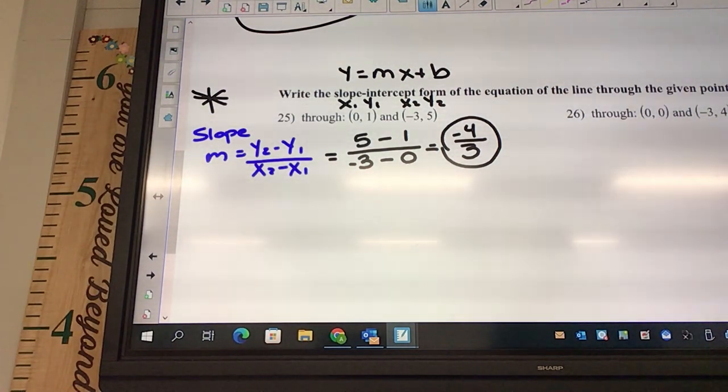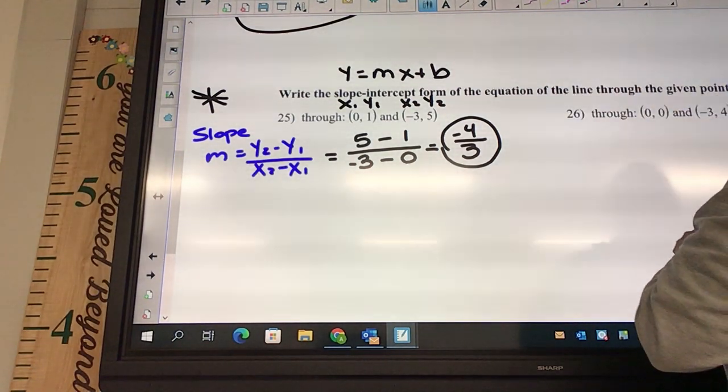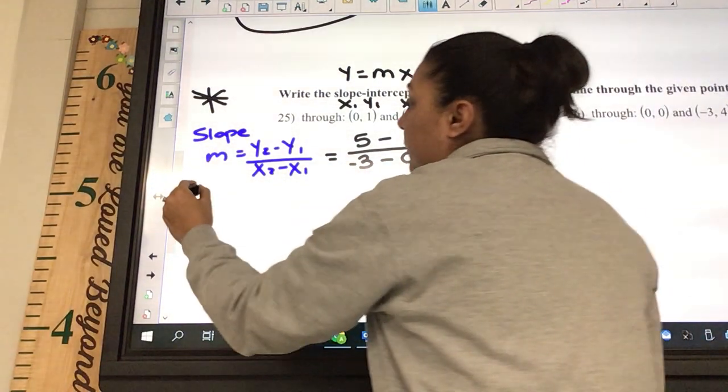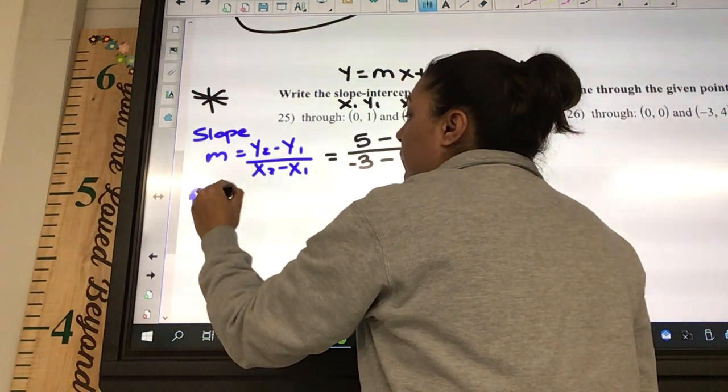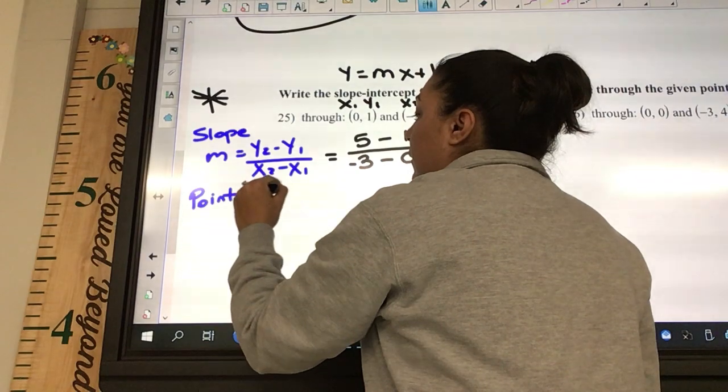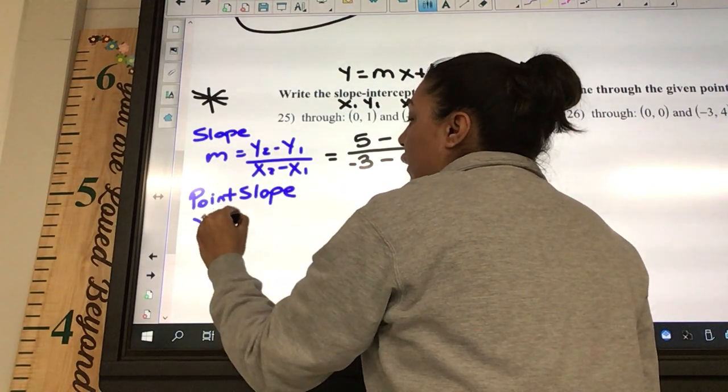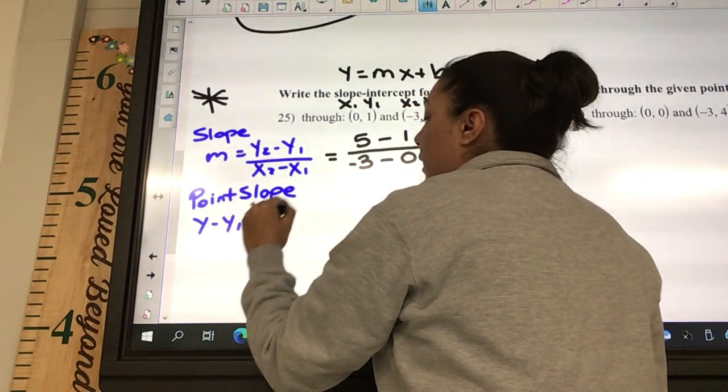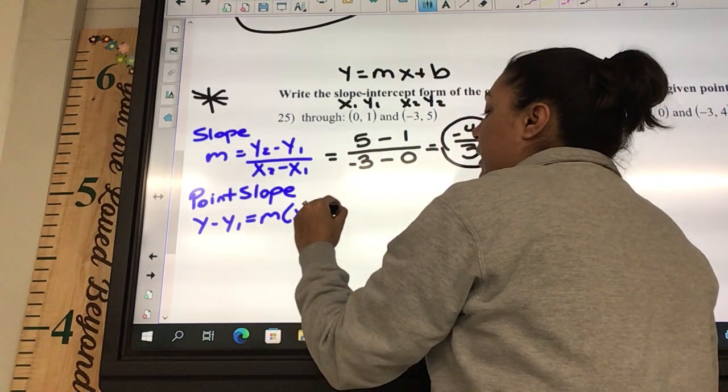And so our next formula that we're gonna have to use is gonna be the point slope formula. Okay, and so that's y minus y1 equals m, x minus x1.